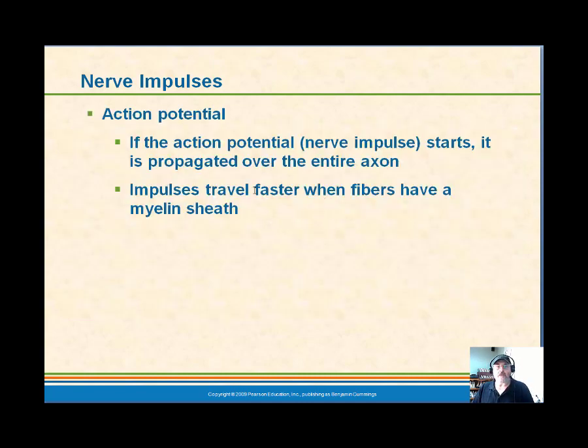Now, if the action potential or nerve impulse starts, it is propagated over the entire axon. It doesn't just go part way and then stop. If there are branches, it's going to continue to go through the whole thing. Now, nerve axons can either be myelinated or non-myelinated. Non-myelinated nerve signals tend to travel much slower than those that are myelinated.